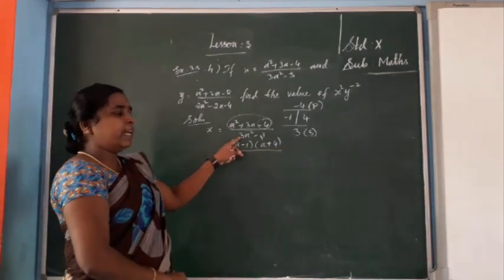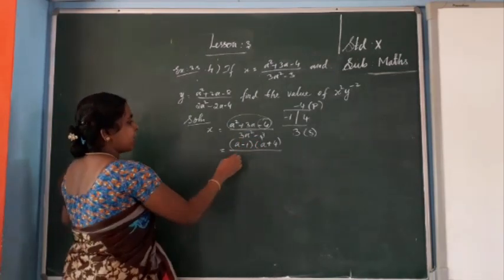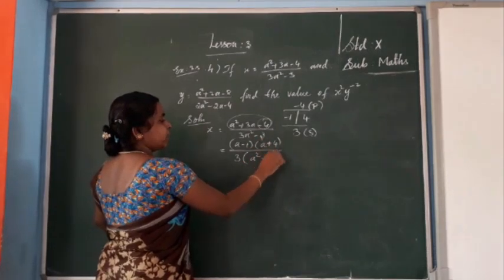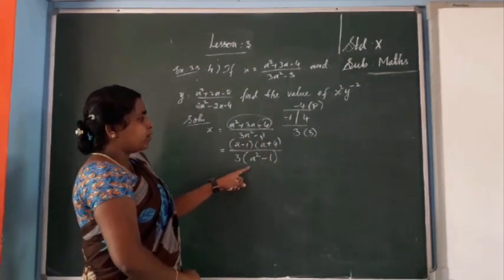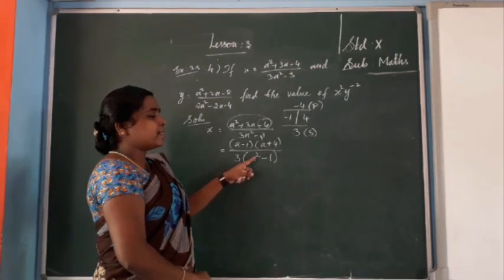Then see here, 3a square minus 3. In both parts 3 is common, isn't it? We take it common: 3 into a square minus 1. Once again we can expand this. In the last class we have seen this type, a square minus 1.